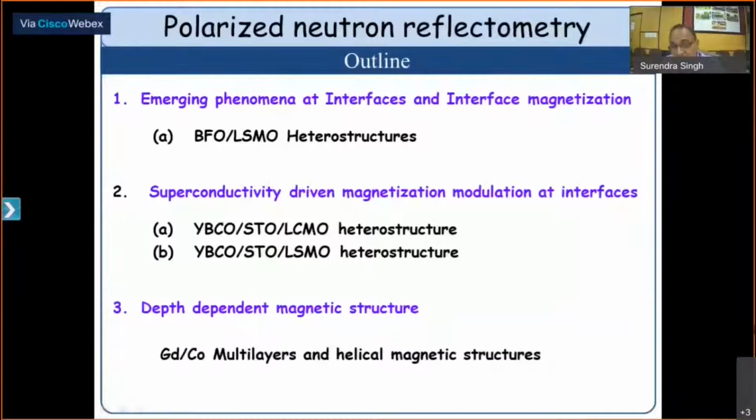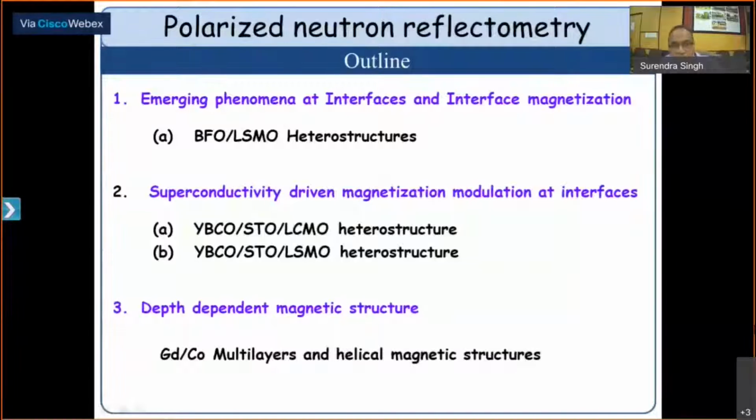And then I will briefly discuss one system which is called BFO LSMO heterostructures. In this case, I will explain how we have studied this system using polarized neutron reflectivity. Of course, we also have to do other characterizations like structure characterization and macroscopic magnetization. So we also use other techniques in addition to polarized neutron reflectivity.